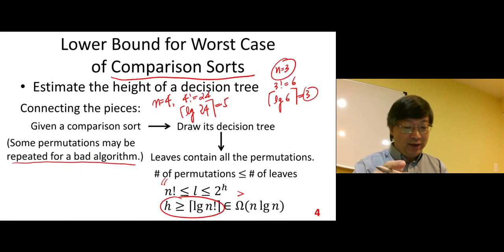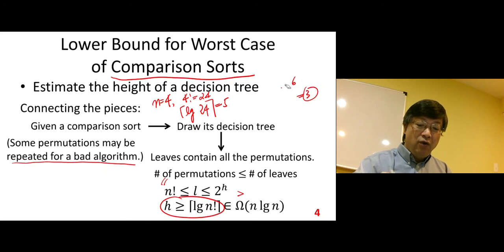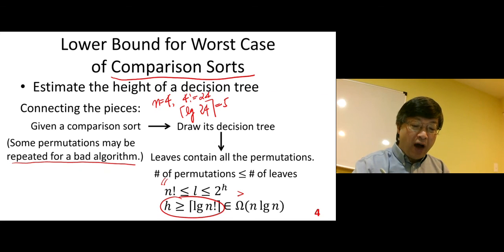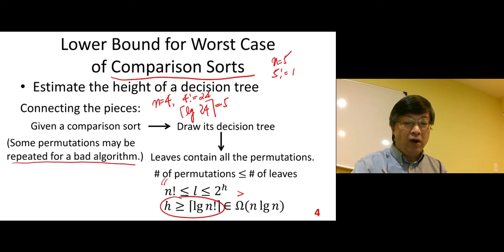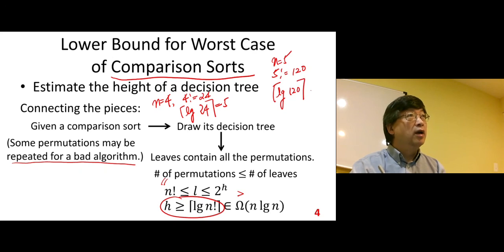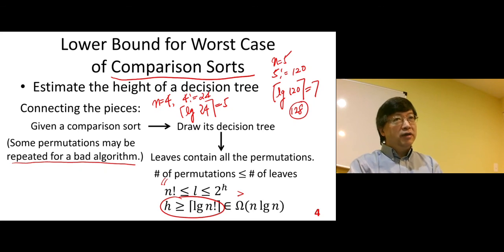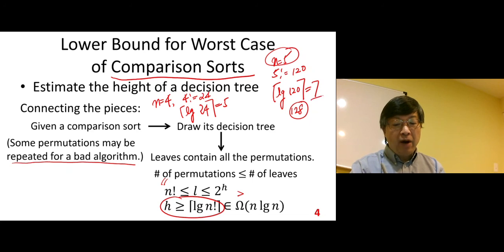That's simple. Okay? Another one. When n equals 5, what is 5 factorial? 120, right? What is the ceiling of log base 2 of 120? 7, right? Because 2 to the 7 is 128. This tells us that to sort a 5-element array, the minimum number of comparisons you need is 7 for the worst case.